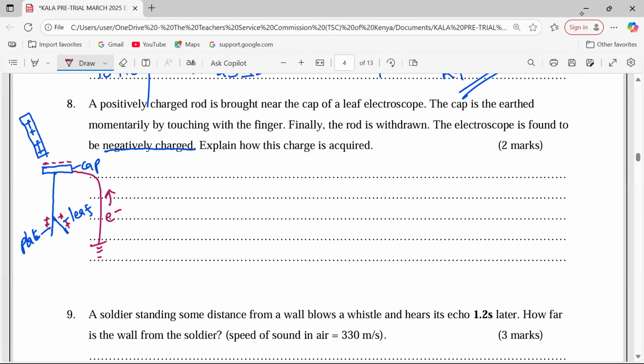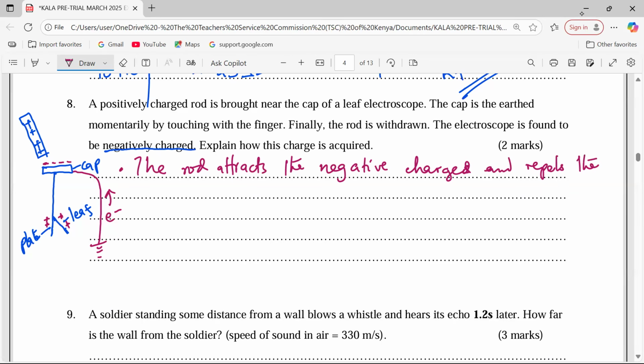So now we can write the simple procedure or the simple explanation in this manner. The rod attracts the negative charges and repels the positive charges.